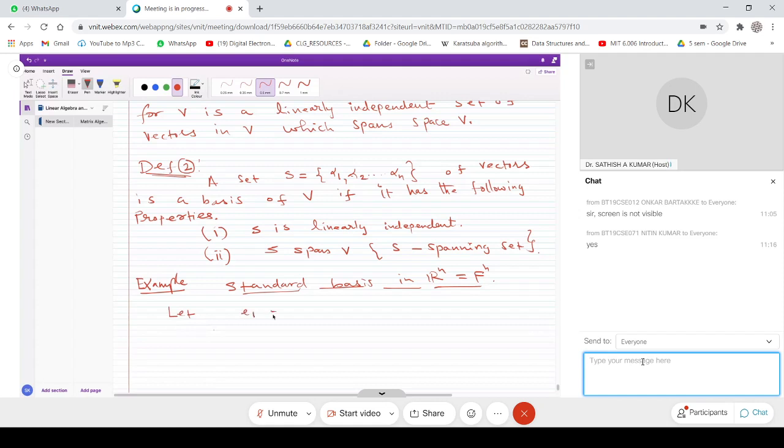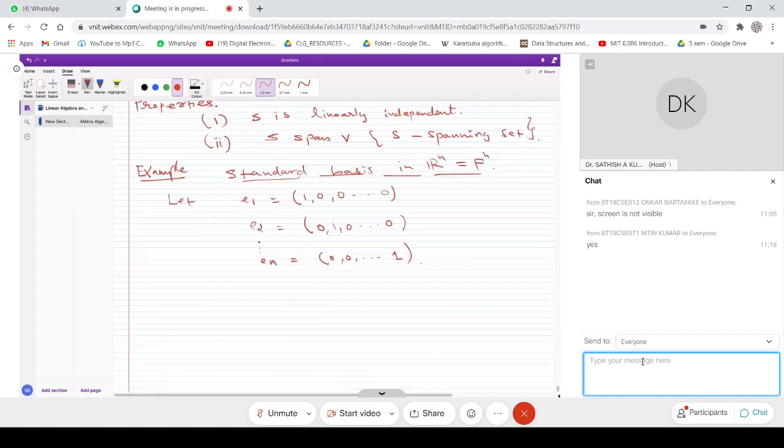Let us say E1 is (1,0,...,0), E2 we take as (0,1,0,...,0), and so on, up to En, which we take as (0,0,...,1). We'll take these vectors.